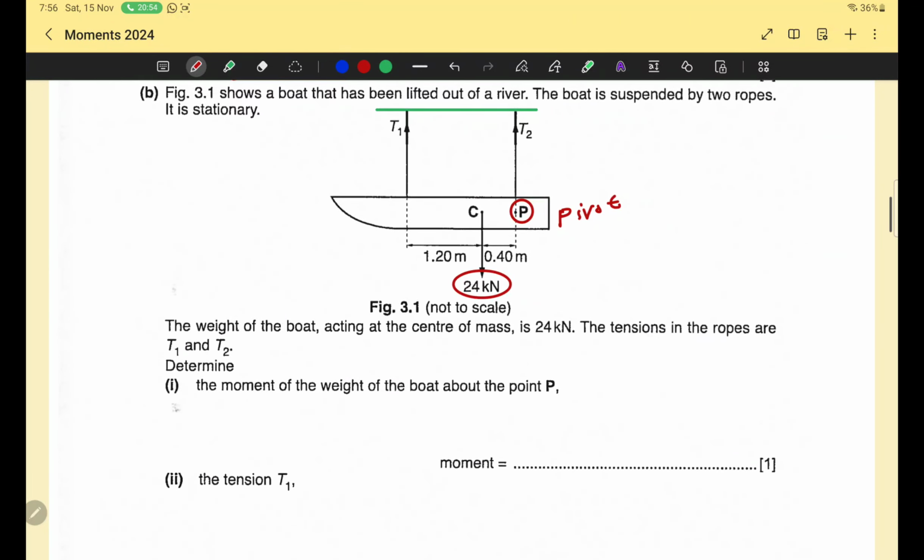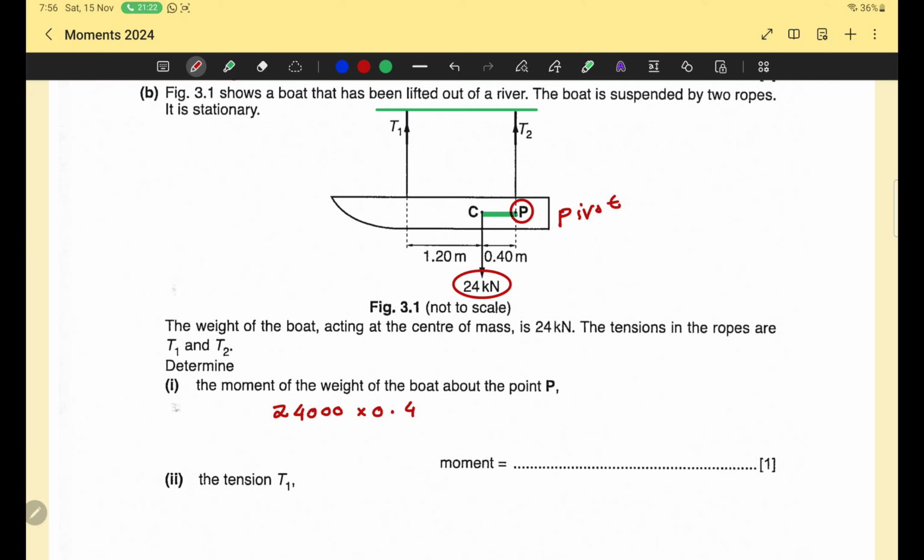Sir, you know, moment is force times distance. Force is 24,000 Newton. And how far is this force from the pivot? This force, 24,000 Newton, is 0.4 meter from the pivot.